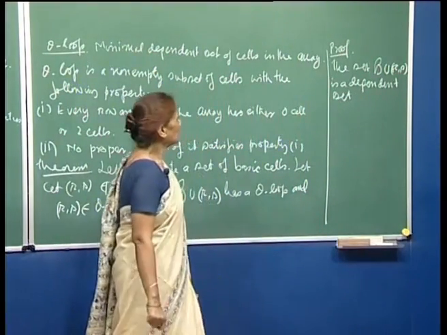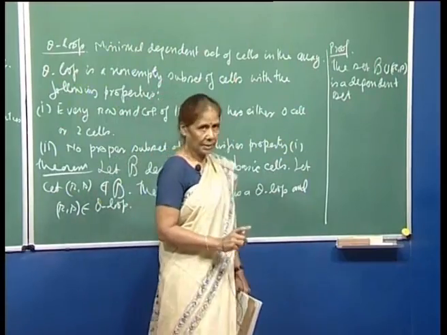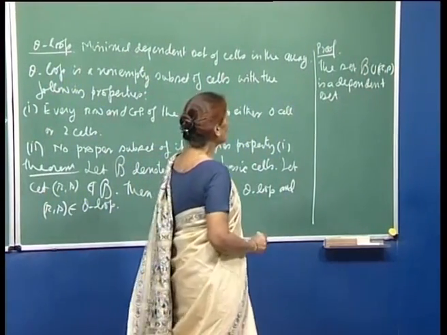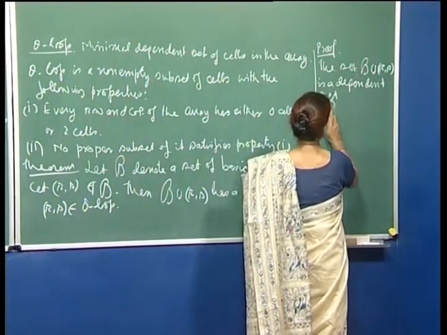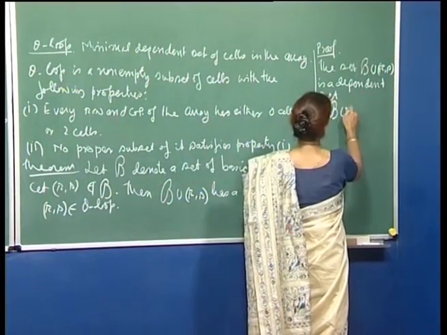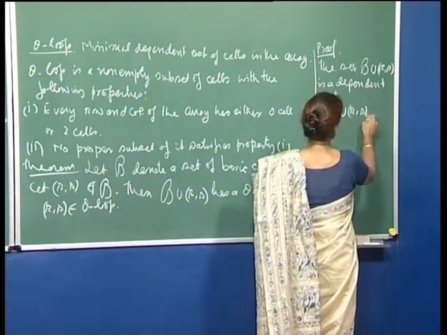Right. And script B was not a dependent set, right. So, therefore, your script B union R comma s has a theta loop.